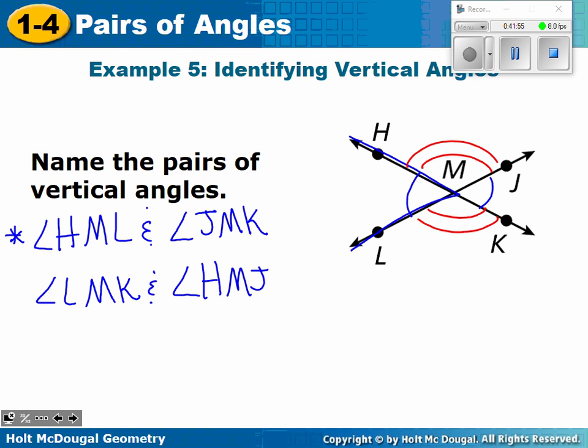Let's go to a square. What's special about a square versus a rectangle? All sides are the same. So I could call this S, S, S, S. They're all the same, right? What kind of angles do squares have? Right angles. They're all 90 degrees.